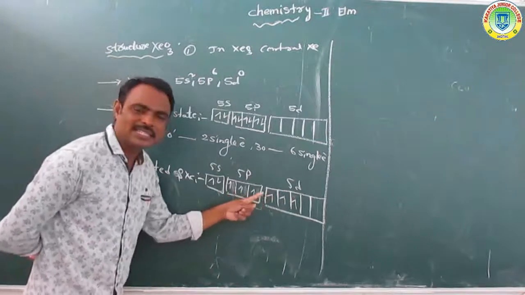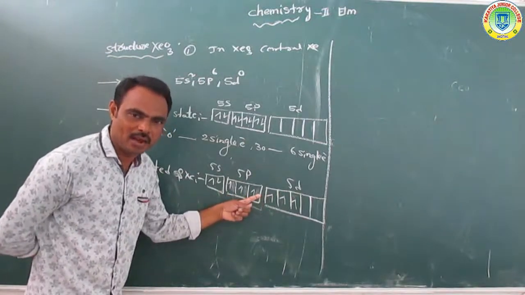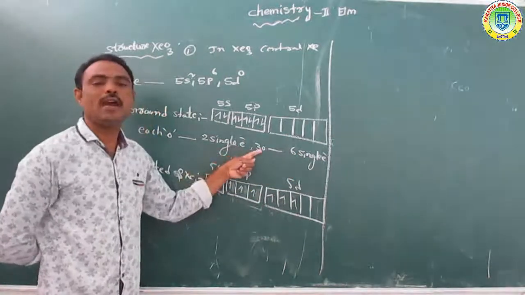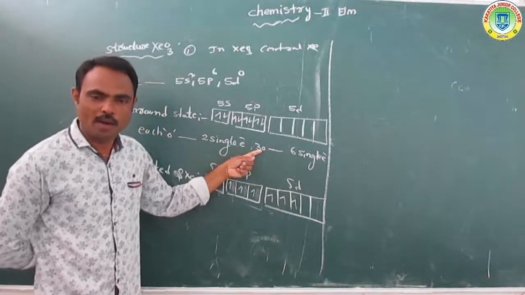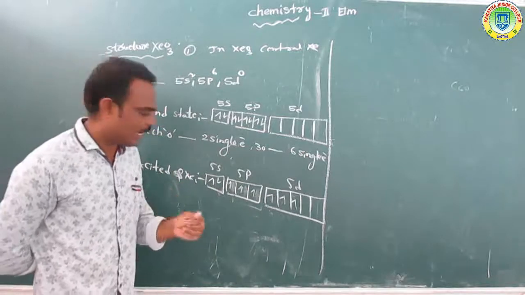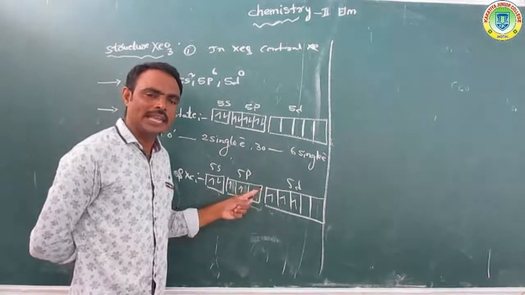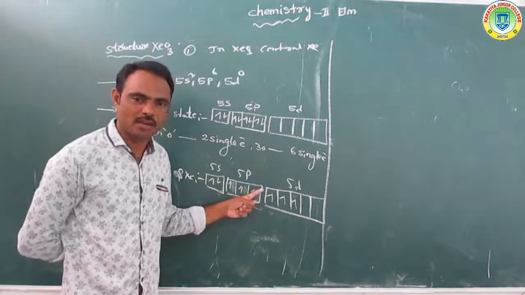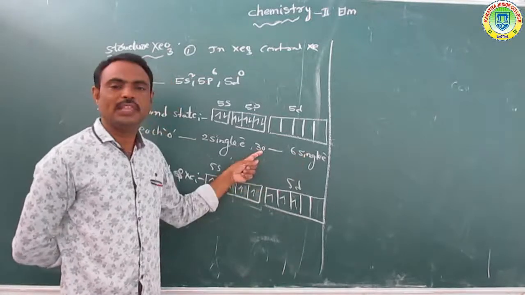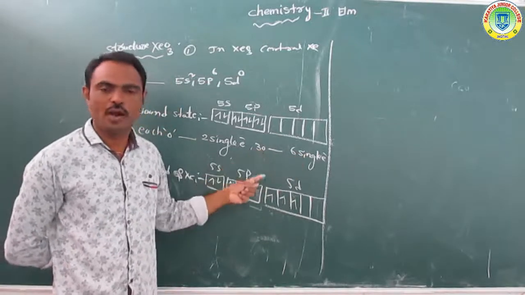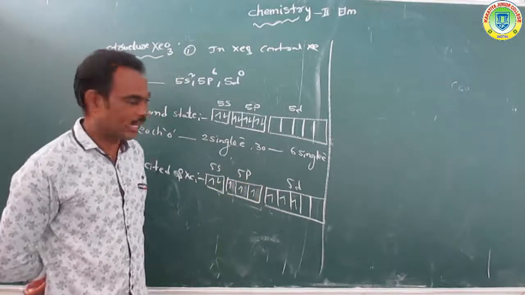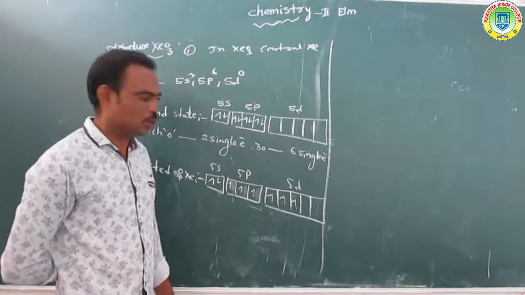These 6 single electrons of the xenon atom bond with the 6 single electrons of 3 oxygen atoms to form XeO3.